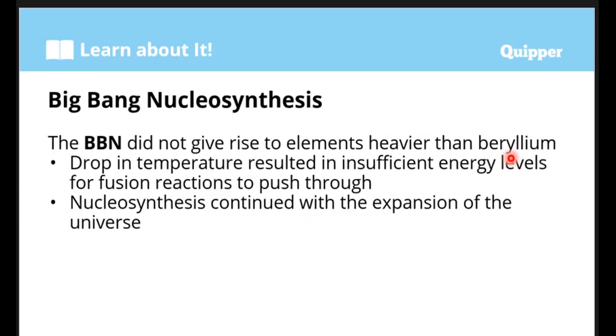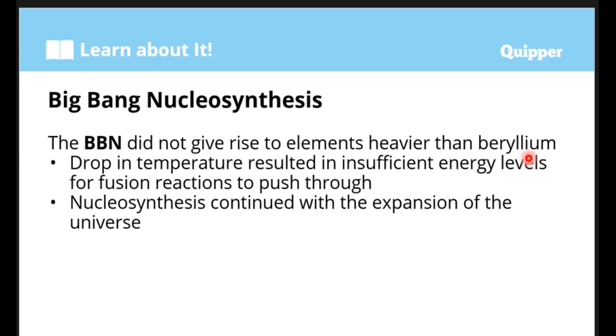Meaning to say, as the universe expands and the subatomic particles are combined and elements form, the highest possible element that could be combined is only beryllium, with an atomic number of 7. And this is one of the lightest elements known in the periodic table.